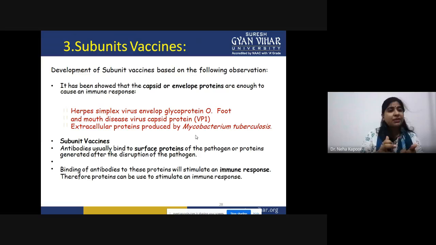For example, in herpes simplex virus, envelope glycoprotein D can initiate a quite strong immune response. In foot and mouth disease, the capsid protein VP1 is responsible. Extracellular proteins released by Mycobacterium tuberculosis are quite effective in mounting the immune response. So these antigenic determinants can be used as vaccine material.